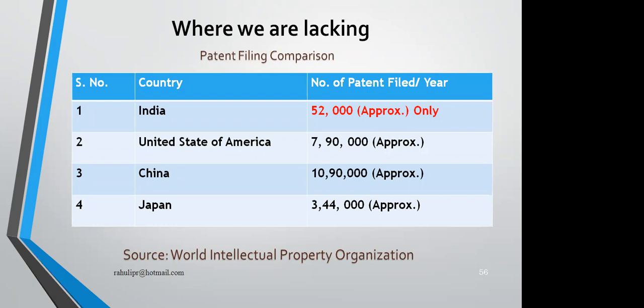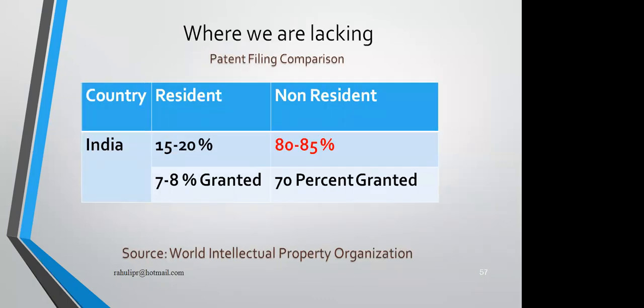In our country, India, approximately 50,000 patent applications are filed per year, and in the United States of America 8 lakh, China 10 lakh, 11 lakh, and Japan 3 lakh 44. Of 52,000 patent applications, 75% are filed by multinational companies and 15 to 25% by Indians.